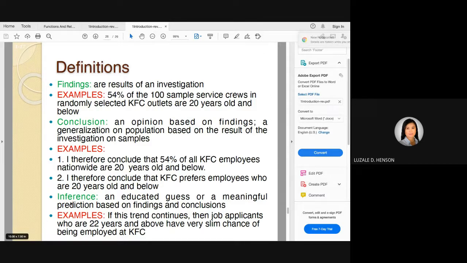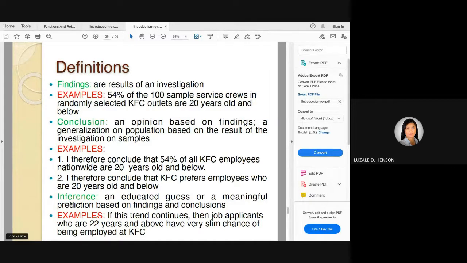Let's say 54% of 100 sample service crews in randomly selected store are 20 years old. So you're describing the proportion of 20 years old out of 100. Okay? That's findings.